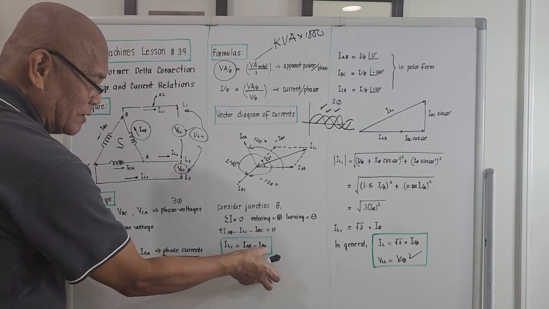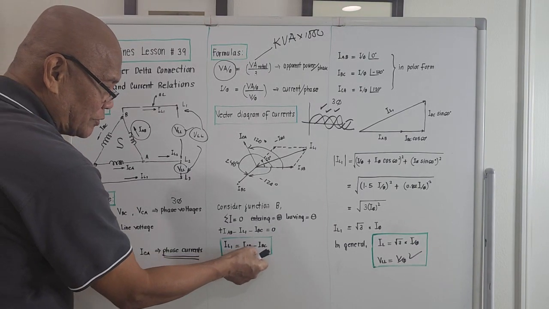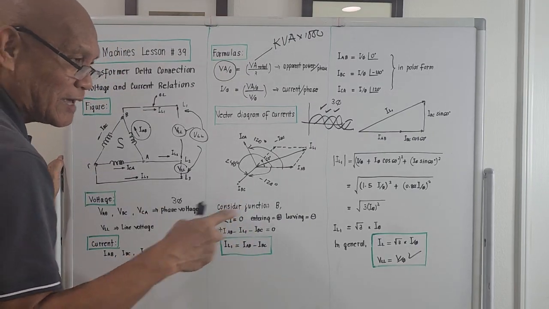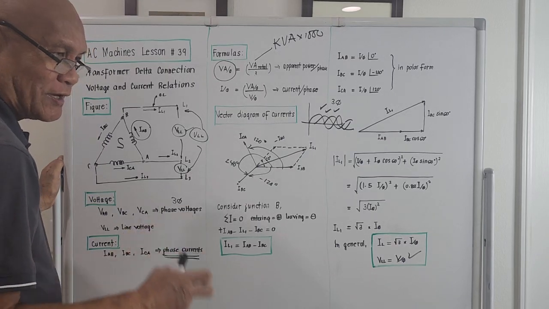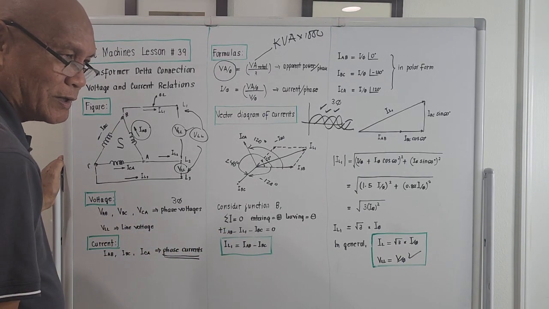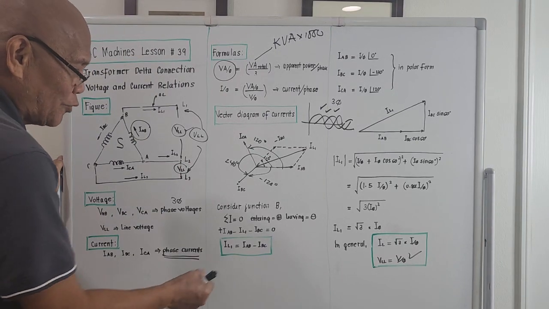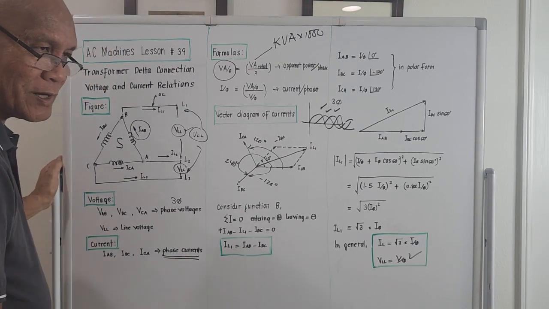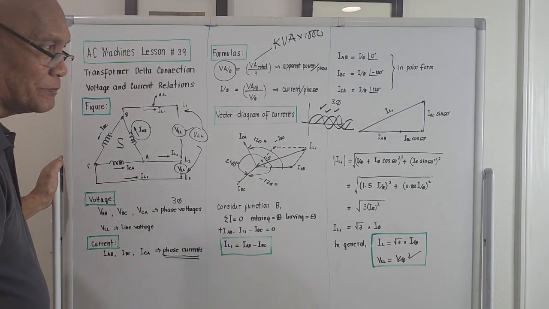minus IBC. To subtract this one, we have to express it in the so-called rectangular form, because currents in alternating current circuits and also in transformers are actually complex numbers. So we don't subtract it algebraically; we subtract it by using complex numbers.